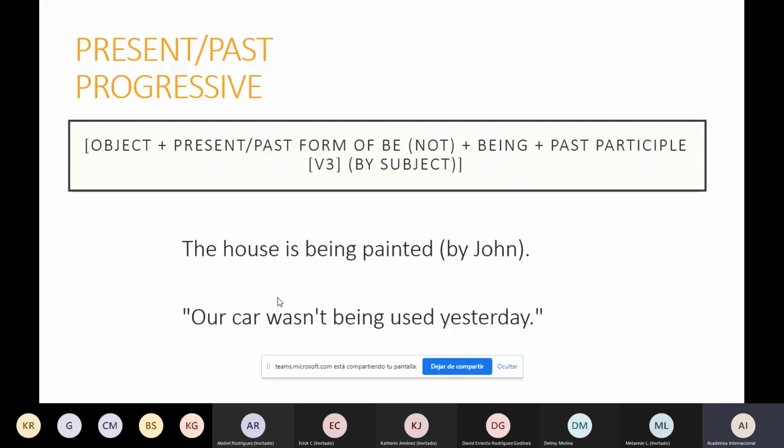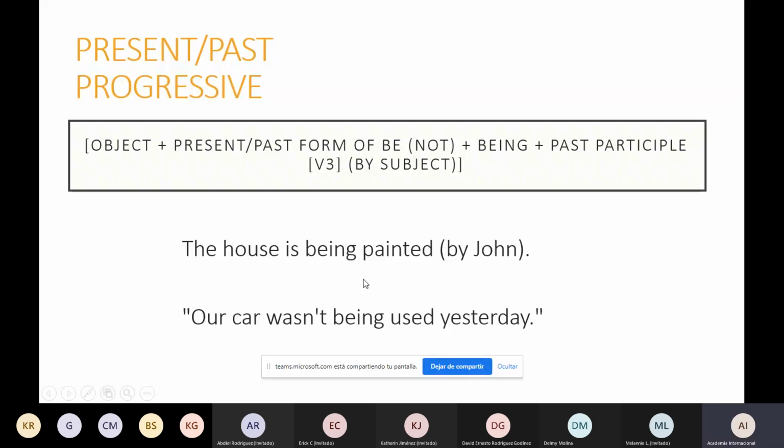Our car wasn't being used yesterday. Our car wasn't being used yesterday by us. For example, si deseamos añadir un poco más. The structure, we use the object, in this case the house or our car. The present or past form of be, is or wasn't in this case, was being.